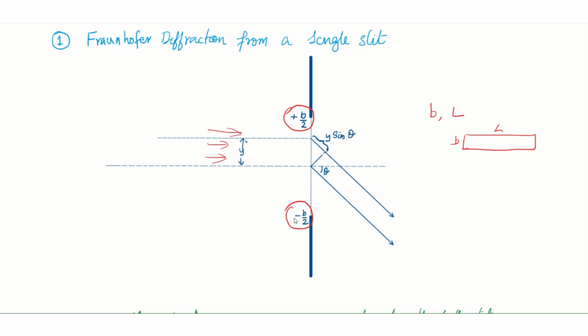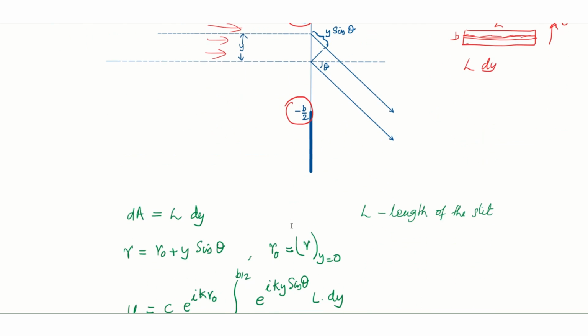How will you integrate this over an area? You consider a small area element, and if you take this direction as y, then the area element will be L dy, isn't it?